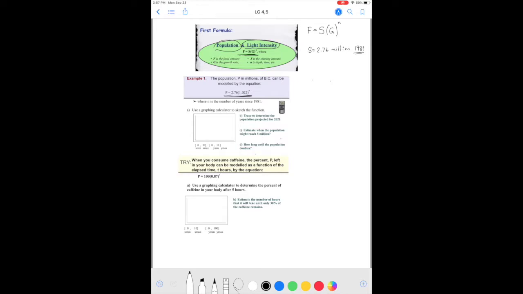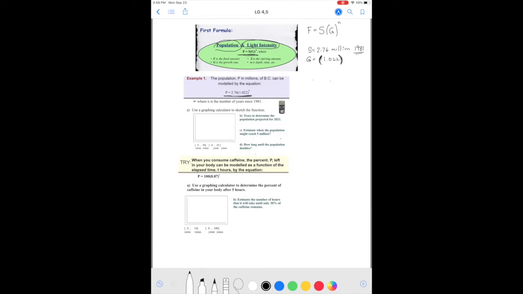Then we can look at the growth. Now the growth is the 1.022, whatever's in the bracket, but when you are asked how much is it growing by, you have to remember that it's in a percentage.